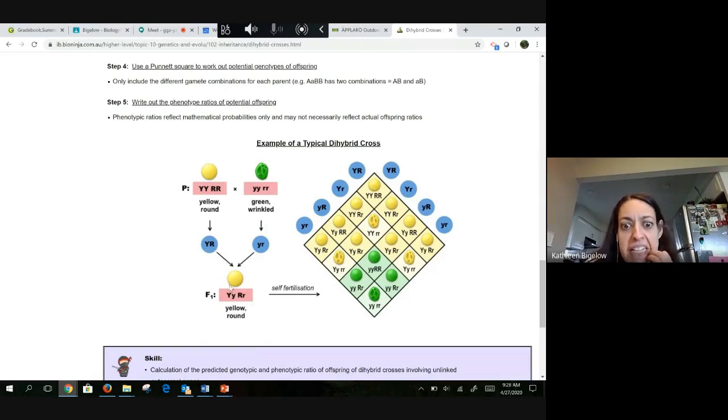So this looks like it's a cross of this to itself. So you have big Y, big R, little r. These are your gametes. And then you multiply, just like in a regular Punnett square. So big Y, big R gives you that. And then little y, little r gives you that.